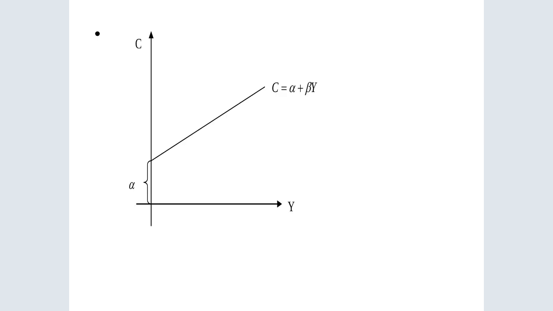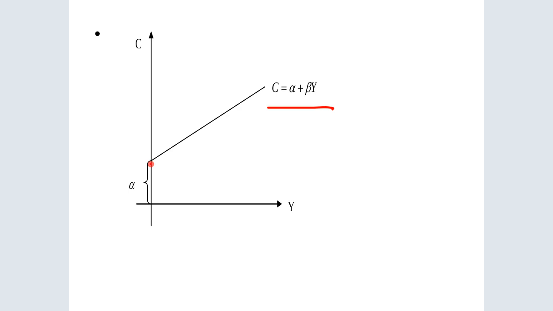So if we draw that line, that equation, this is what we'll have. So this is the consumption function. So alpha here is the autonomous consumption. It does not depend on the level of what? Income.